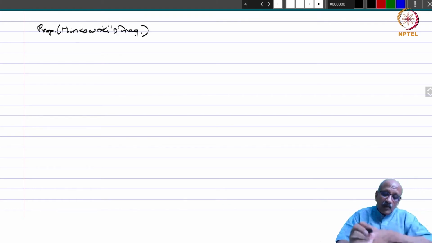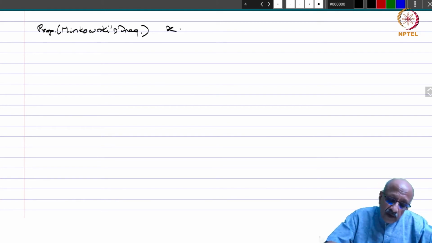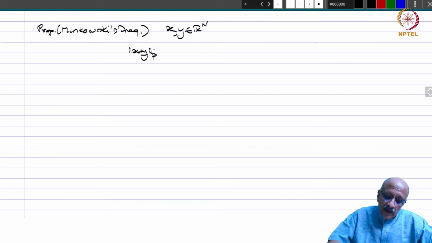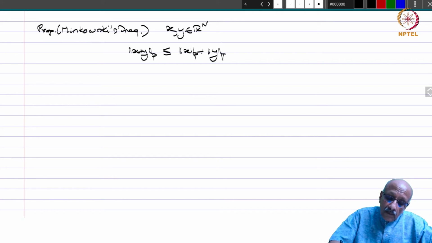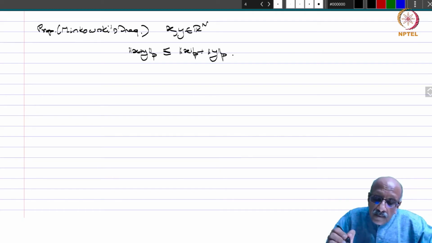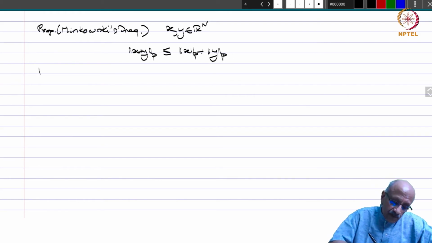So we have that if x and y belong to R^n, then the norm of x plus y, p, is less than or equal to norm x_p plus norm y_p. Okay, proof.